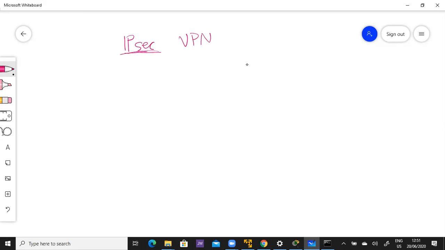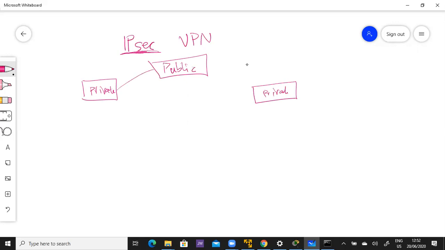First of all, what is IPsec? IPsec is a security protocol stack. VPN itself poses a security issue, because you are moving from your private network all the way to the public internet to another private network.